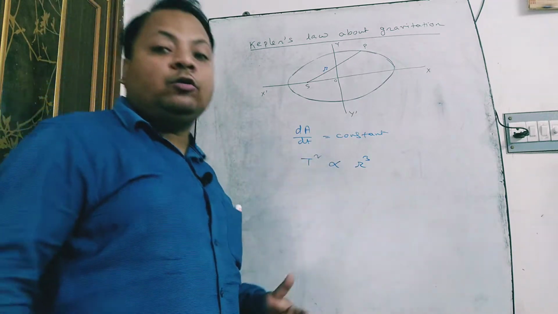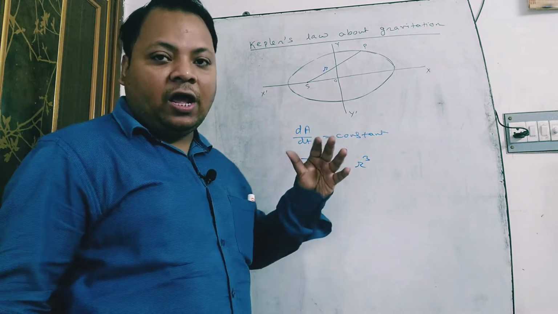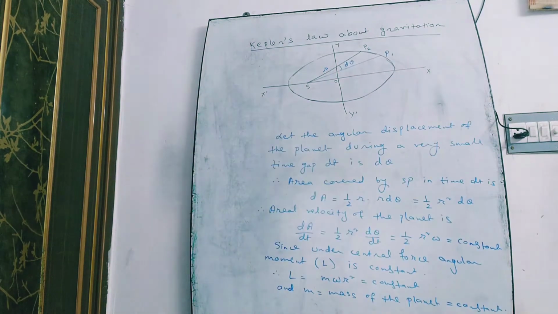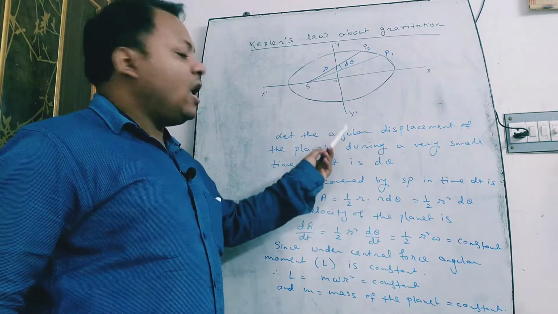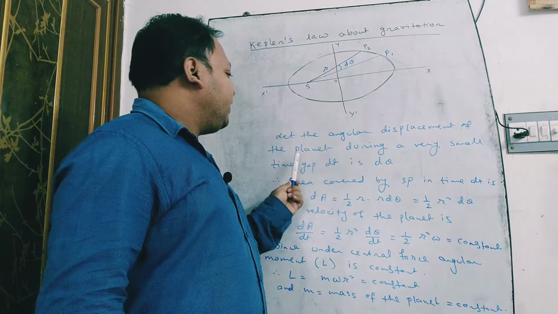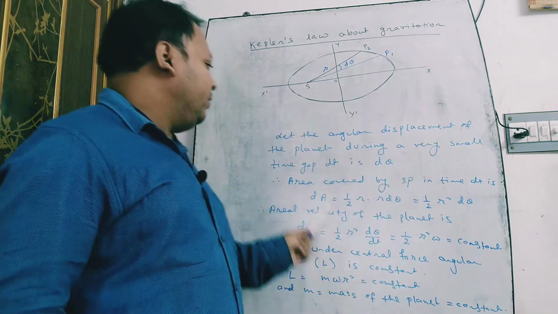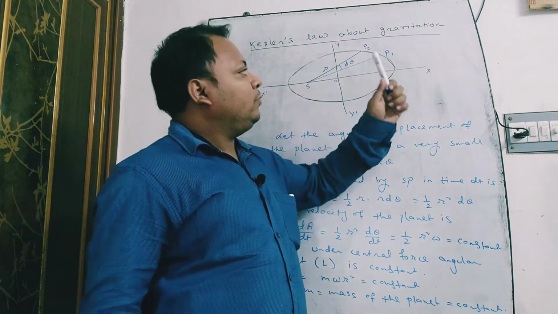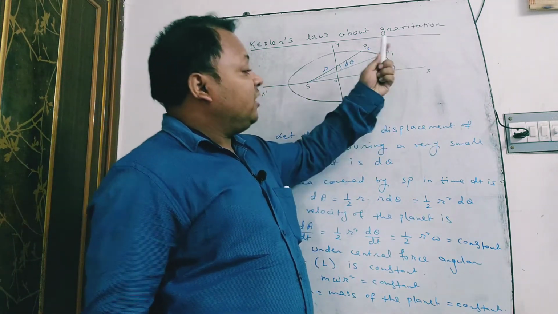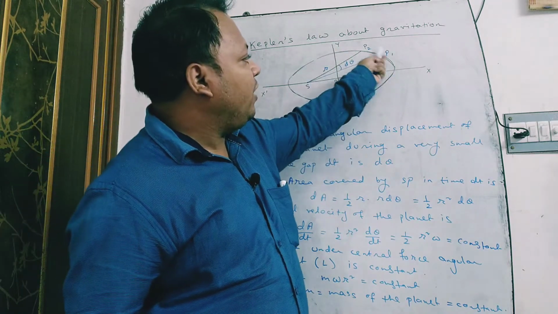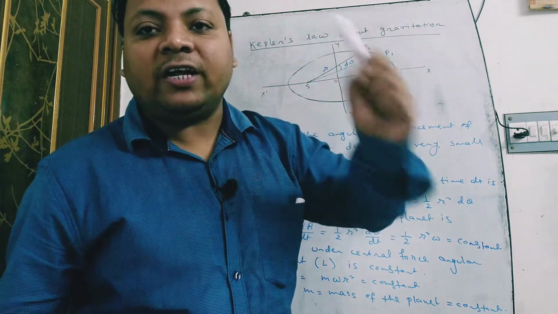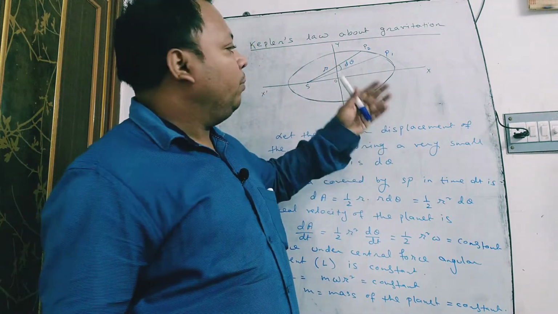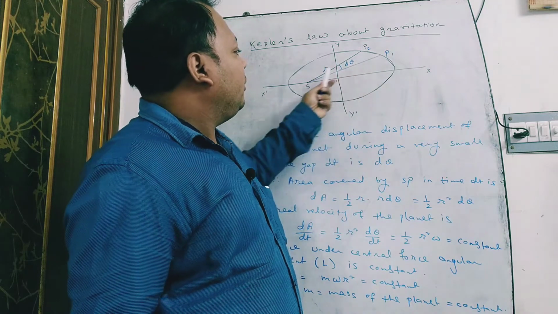Now I am going to prove Kepler's second law and third law. Let the angular displacement of the planet during a very small time gap dt be dθ. That is, the planet changes its position from P1 to P2 in a very small time gap dt, and the angle covered by the planet is dθ.